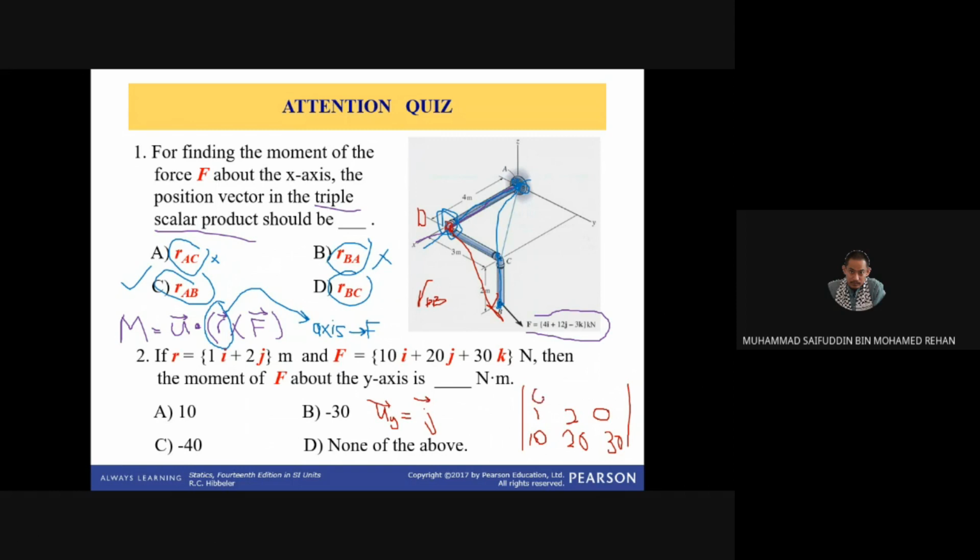So 0, 1, 0 here. Right, so if you calculate this one, you'll get 0, of course 0, and then minus 1, 30 minus 10. So minus 1, 30, so minus 30 plus 0, right? So it should be minus 30. That's just from the calculation of the matrix. So this one actually does involve a bit of calculation to get the answer.